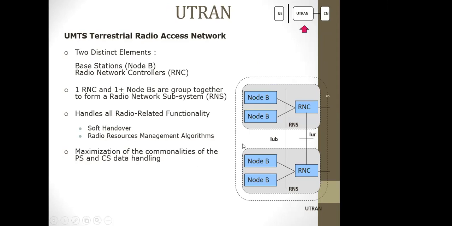The same thing they have mentioned. Connections between RNCs were allowed. Oftentimes there were connections between RNCs, but there were no connections between Node Bs.